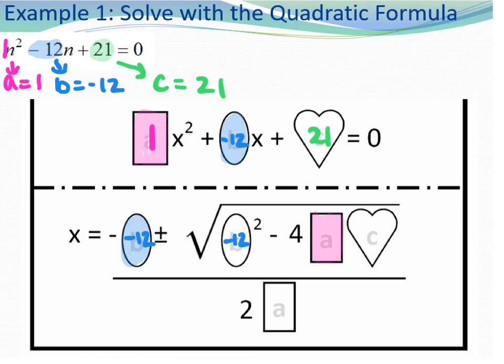So I can fill in a 1, and then we have a heart as our next term, and the heart is represented by the value of c, which from above is 21. So I can fill in a 21 over 2 times the value of a, or the box, which we already identified to have a value of 1.